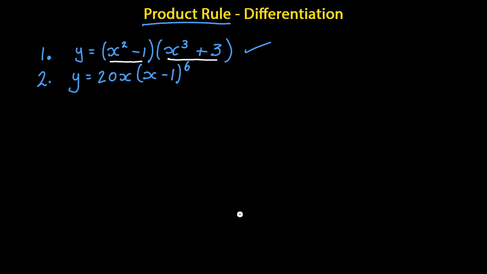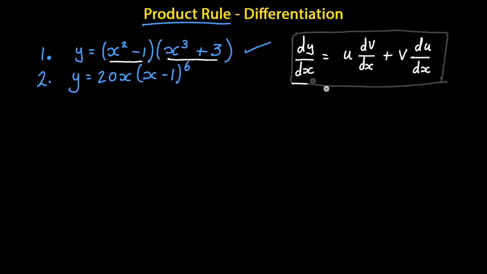So if we start off with dy over dx, and that's equal to u multiplied by dv over dx plus v du over dx. The next thing we need to do is figure out how we can represent this equation in the form of y equals uv. So what's our u and v going to equal for our second equation above?